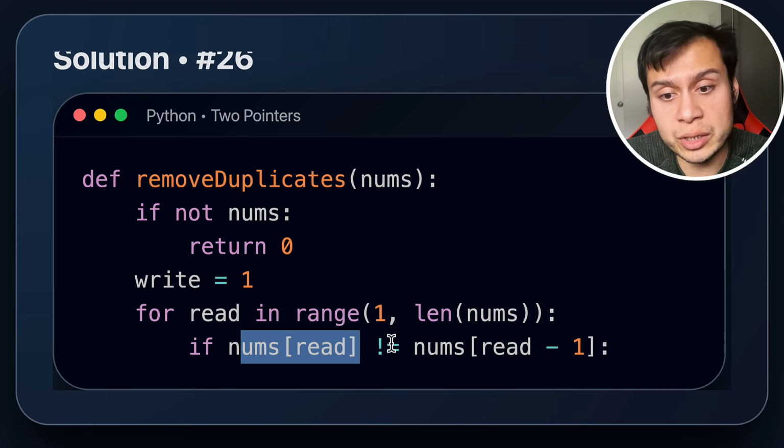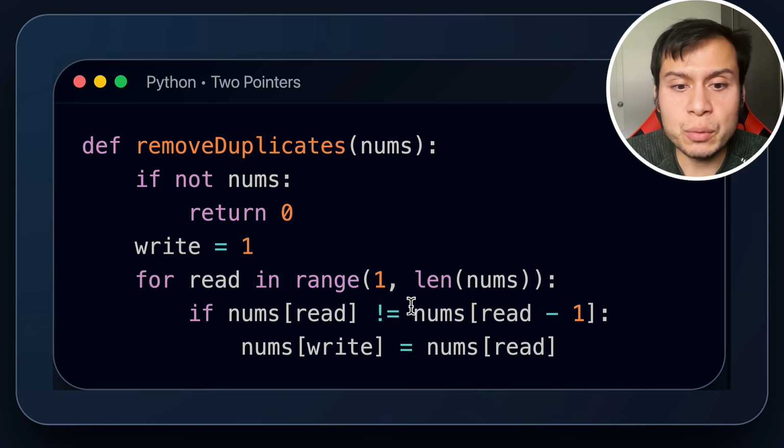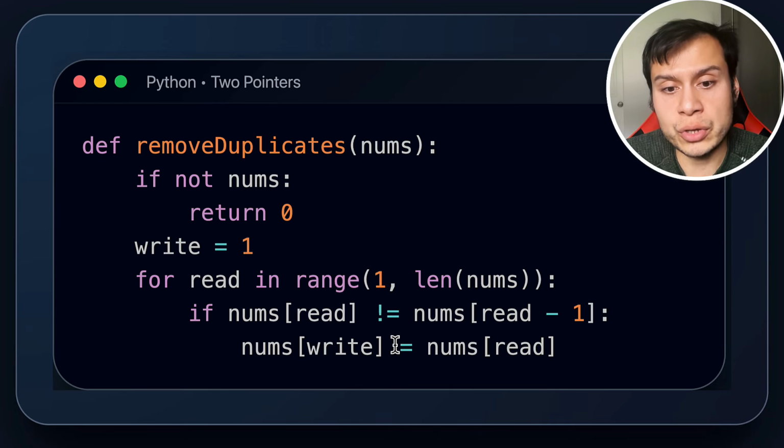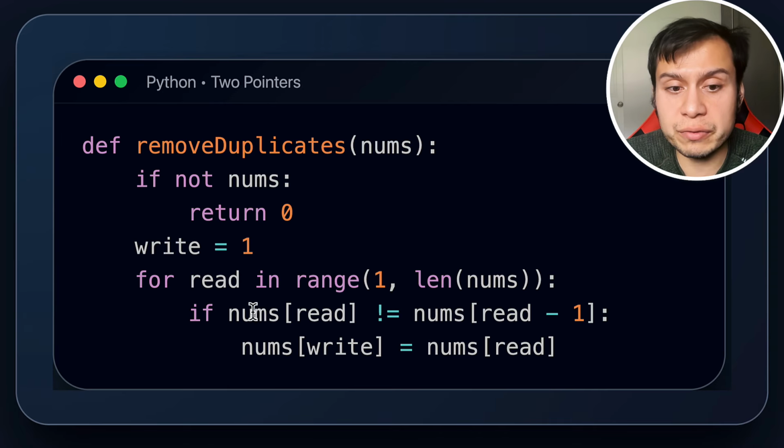If it's not equal, we have a unique element. If we have a unique element, we write this unique element's value into the slow pointer's position. We only write into the slow pointer's position if there's a unique element here.